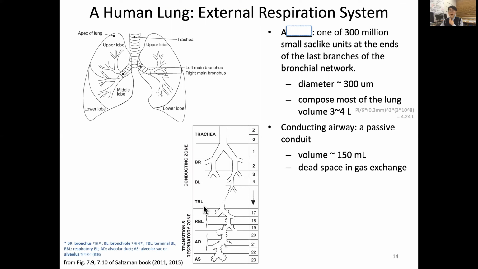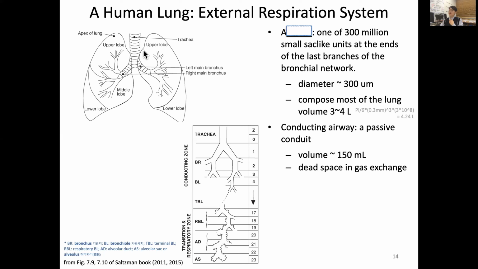Up until this part, there's no actual gas exchange between the air and the body, so that is purely the conducting zone. From here, there is the respiratory bronchiole, and then it gets down to the alveolar duct. The end part of this is the so-called alveolar sac or alveolus. This part is the transition and respiratory zone.